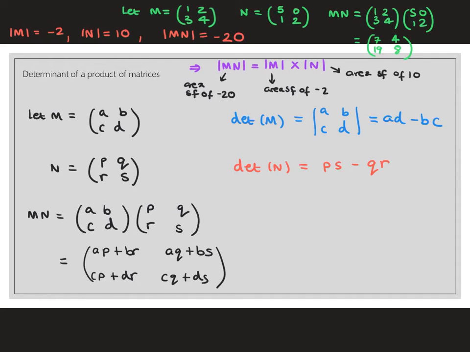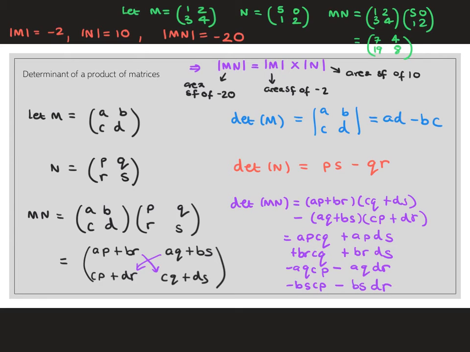Now, let's work out the determinant of MN, which involves slightly more complex algebra. Be very careful as you work it out. Obviously, you have to do this multiplied by this, subtract this multiplied by this. So here's the algebraic calculation you've got to do. Expand these brackets and see what you get.